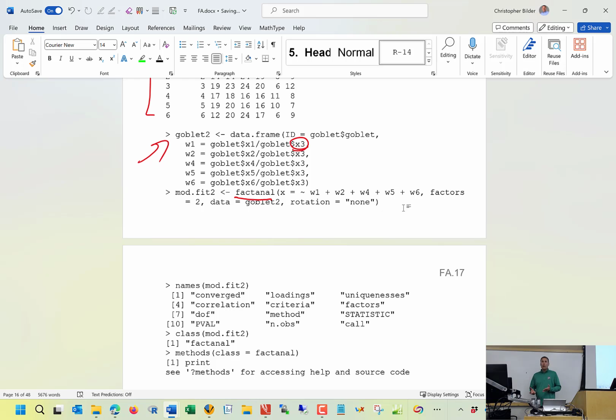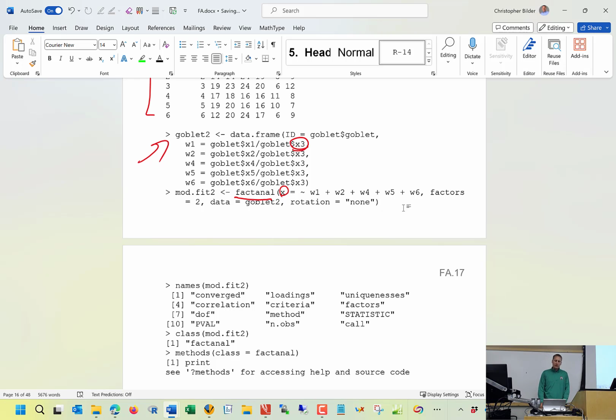The syntax is similar to what we saw with princomp. If you remember, princomp would say formula equals tilde W1, W2, and so on. Here, instead of formula, that first argument is x. It's just what the authors of the function chose.